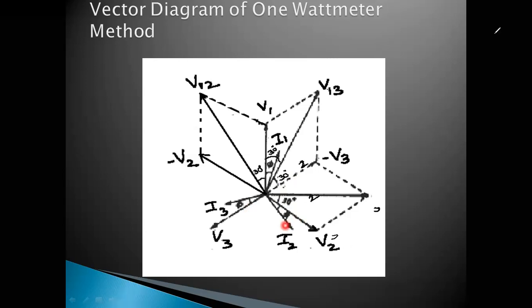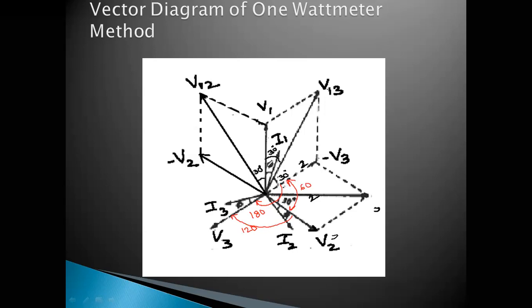Let me write the same, I'll write it in red. This complete angle is 180. Angle between V2 and V3 is 120. So the angle difference between V2 and minus V3 is 180 minus 120, which is 60.